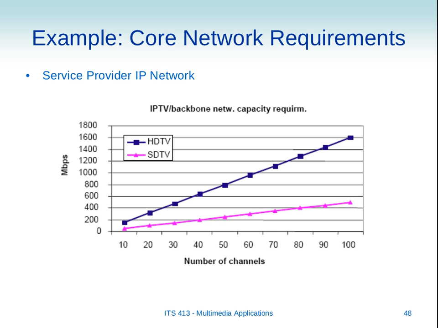That's the core network. So the more channels, the more capacity needed in the core network. Supporting 1.6 gigabits per second in the core network with optical fibre is possible nowadays, not a problem. That's for normal TV delivery. The more channels we want to offer, the more capacity we need in the core network.